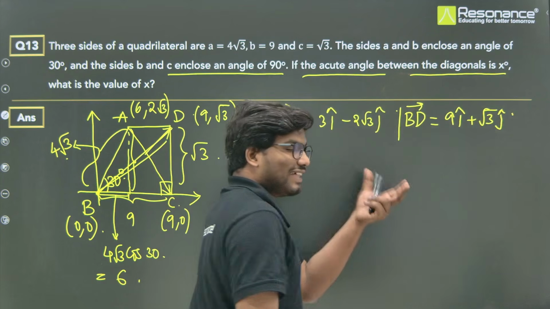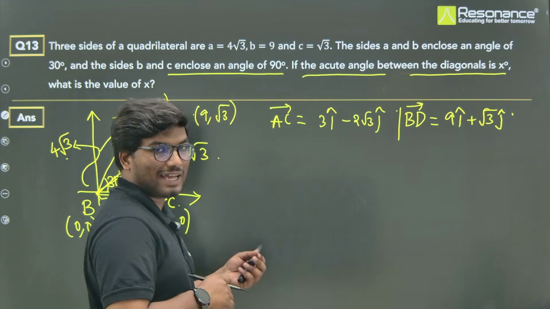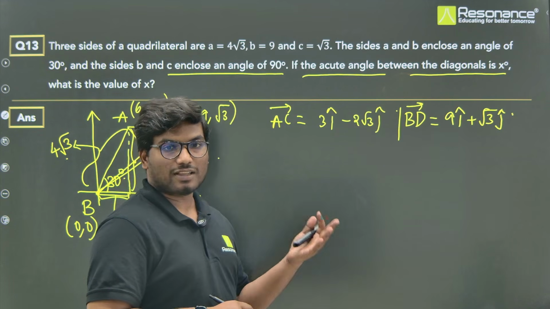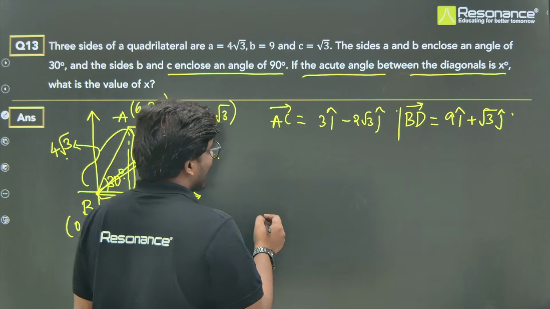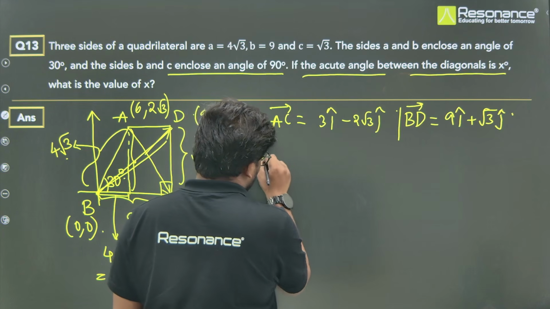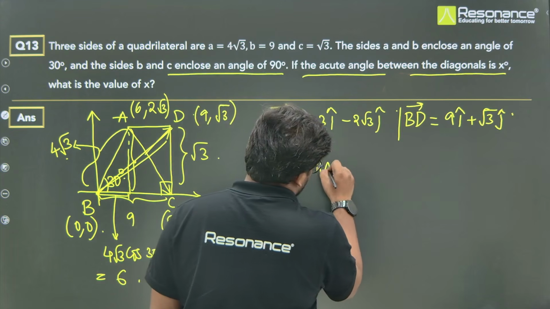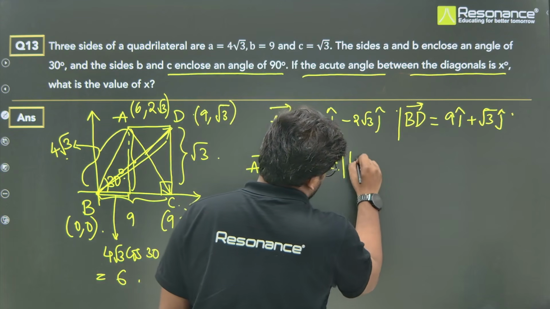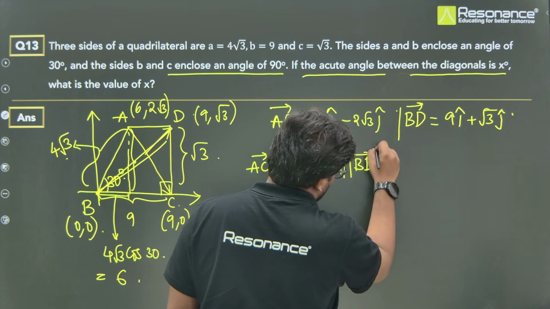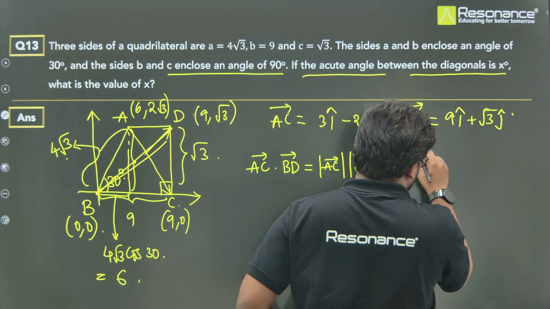Now that we have the vectors, for the acute angle between two vectors we just take the dot product of those vectors, which refers to AC bar dot BD bar is mod AC bar mod BD bar into cos of the angle between them.